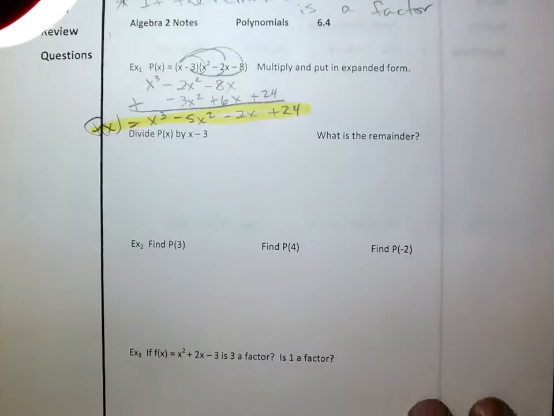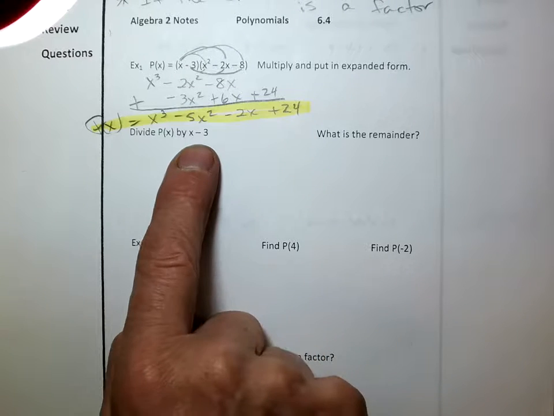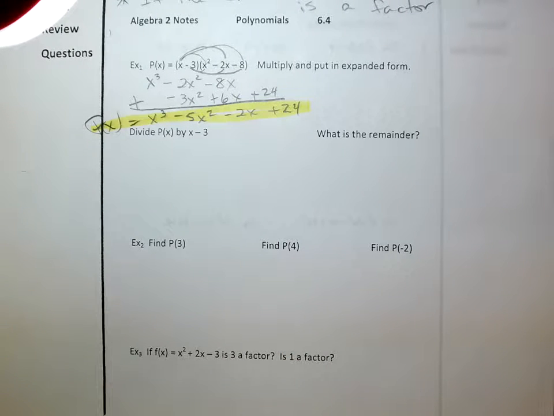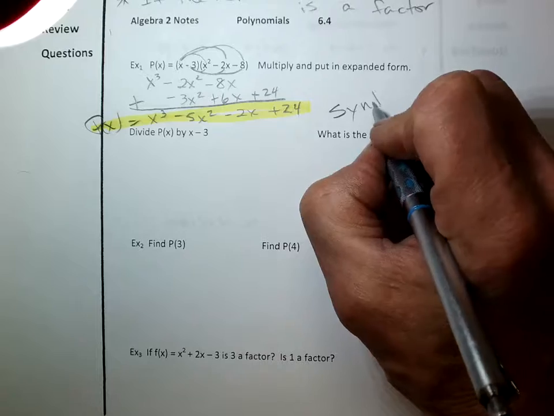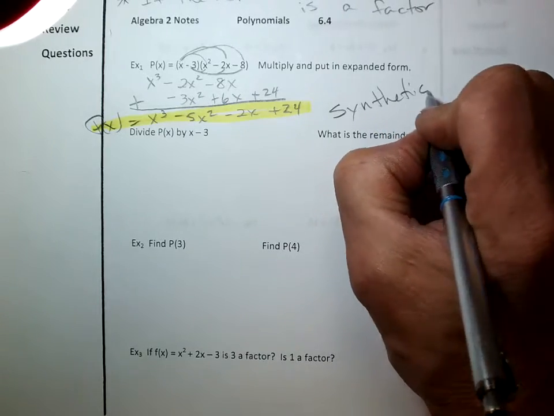So then, let's take p of x, which is this, and divide it by x minus 3. Now, there's two ways to divide. One is that long way I showed you here 5 minutes ago. Or what's another way we could divide? Synthetic division? Why not? Will synthetic division work on this one? Yes. So let's use synthetic division because it's faster, right?